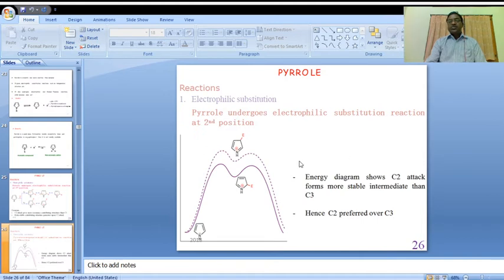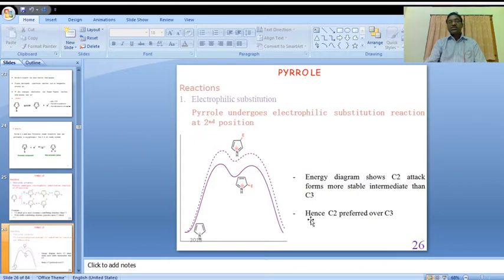The energy diagram shows C2 attack forms a more stable intermediate than C3 because it is at a lower level. The excited state is at a lower level compared with the C3 intermediate.